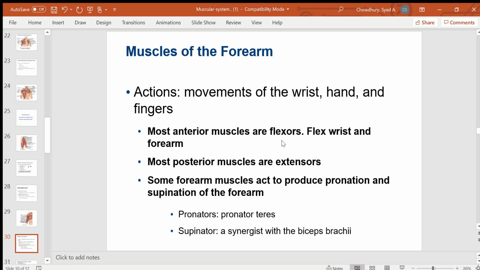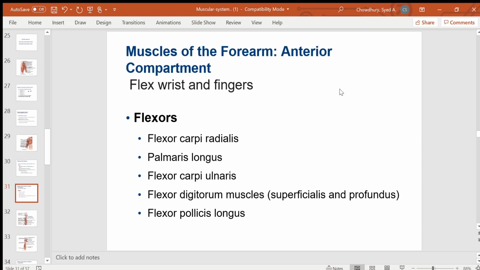Okay, so the forearm muscles are located in two compartments. Anterior of your forearm is called the flexor compartment or anterior compartment, the front of the forearm. Flexor or anterior compartment. Okay, and why are anterior compartment muscles flexors?